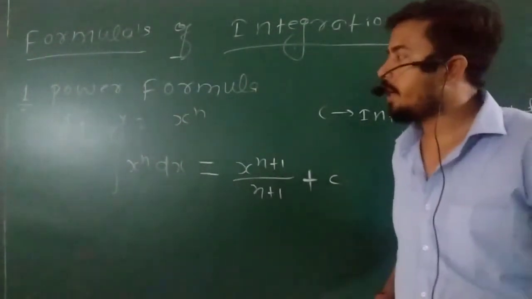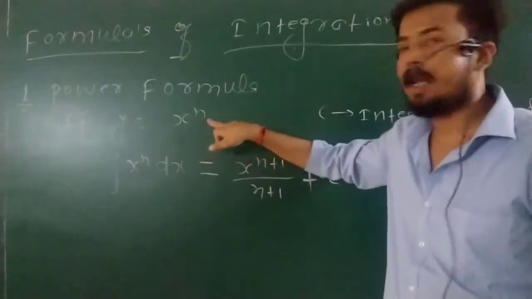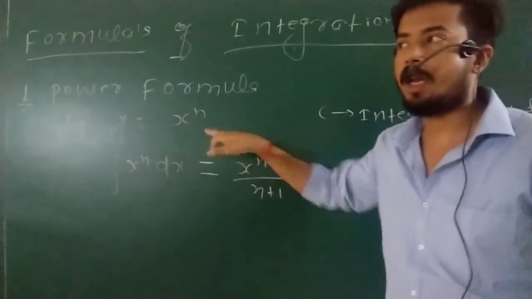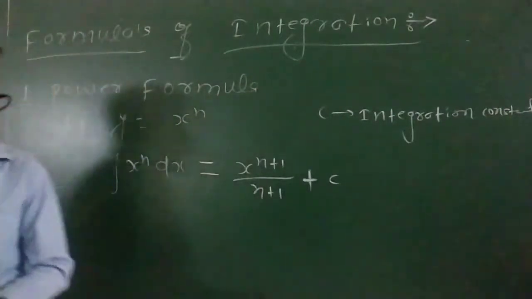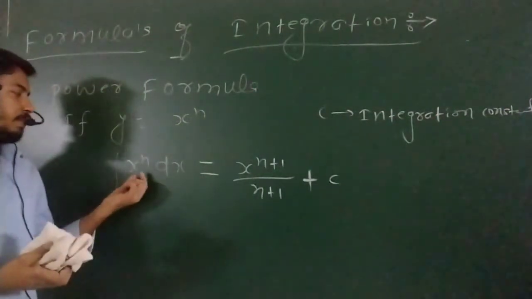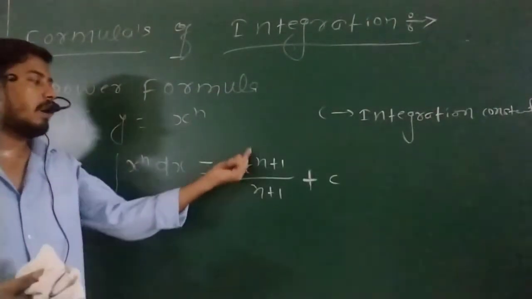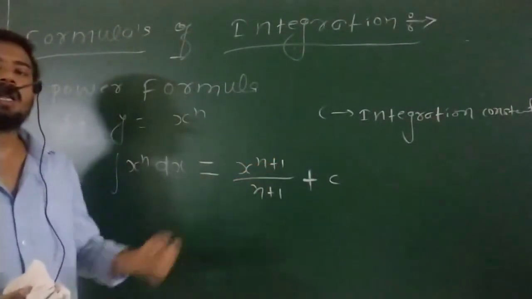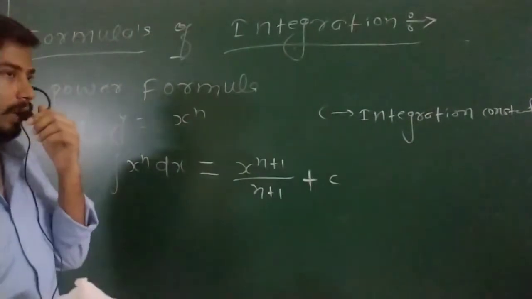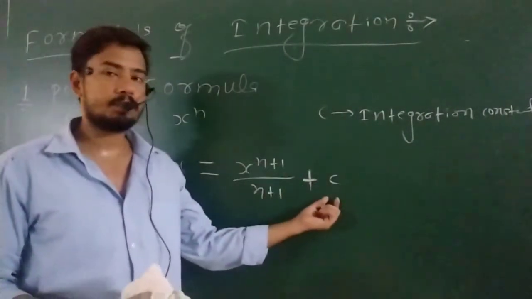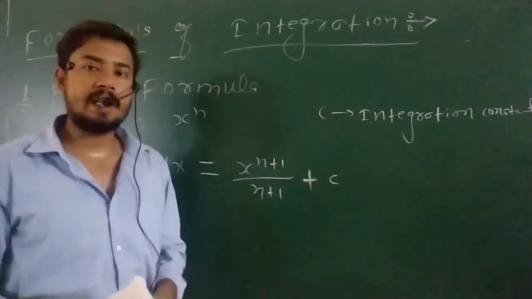Suppose that y is a function of x power n. Then we can write the integration of this, x power n dx. This result becomes x power n plus 1 by n plus 1, plus c. c is called the integration constant.